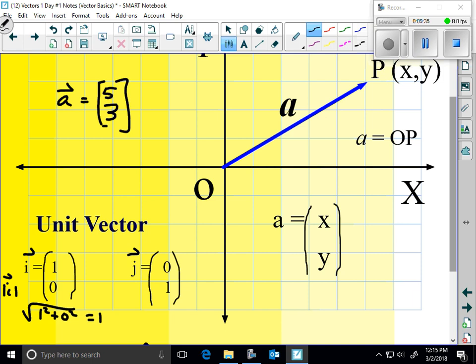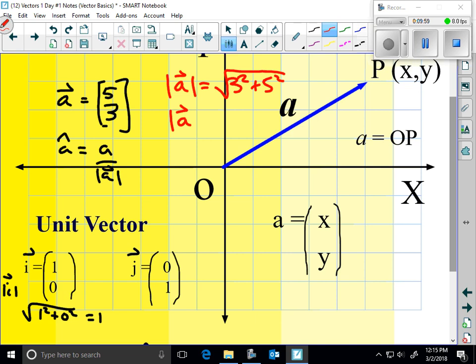So how would I find a unit vector in the direction of A using the formula we know? So A hat would be A over magnitude of A. So the first thing you should do is find the magnitude of A. Magnitude of A will be the Pythagorean theorem, 3 squared plus 5 squared. Now you're tempted to think that's a Pythagorean triple, but it's not.